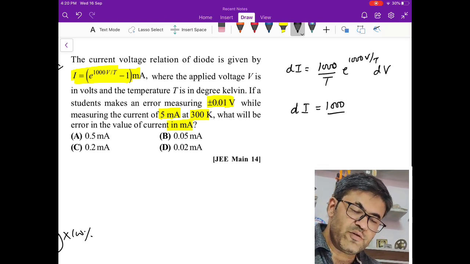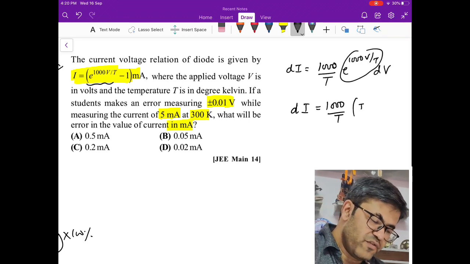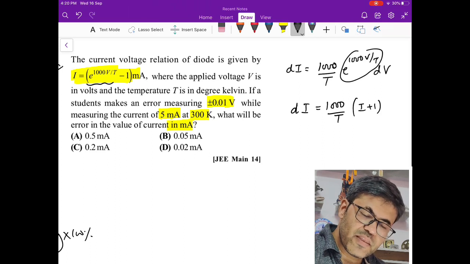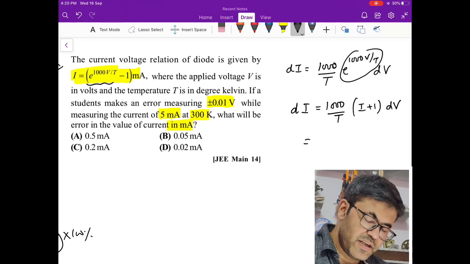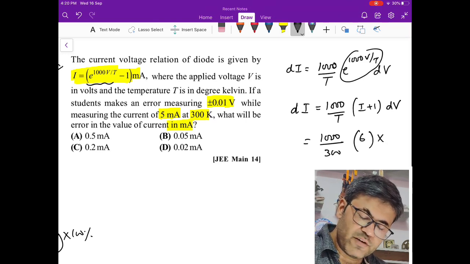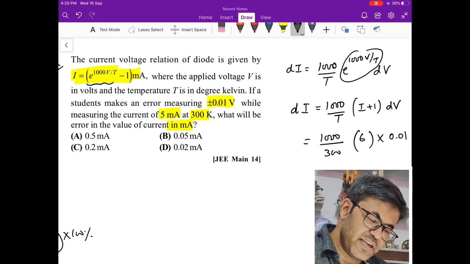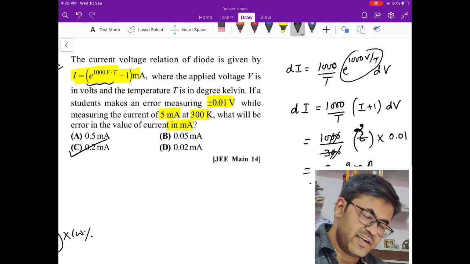From here I can write e to the power 1000 v by t as I plus 1, in milliamperes, into dv. So for the error analysis, 1000 by t, where t is given as 300, I is 5 milliampere plus 1, that would be 6 milliamperes, and dv is 0.01. If you do this, these two zeros cancel, 20 into 0.01, so it would be 0.2 milliampere. That is the error in the measurement of the current.